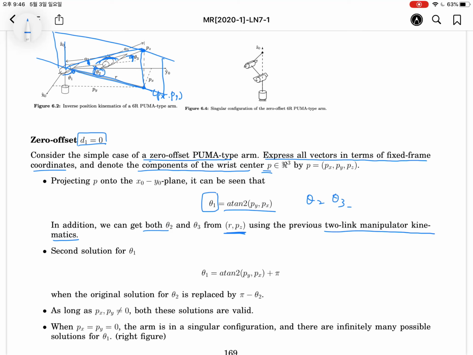And then by calculating this angle, theta 2 will be determined by subtracting from here and here, so we can determine theta 2. Okay, if you are good at solving the two-link planar manipulator case, it's not difficult. So theta 2 and theta 3 can be calculated using arctan 2 or just the cosine. Okay, second solution.